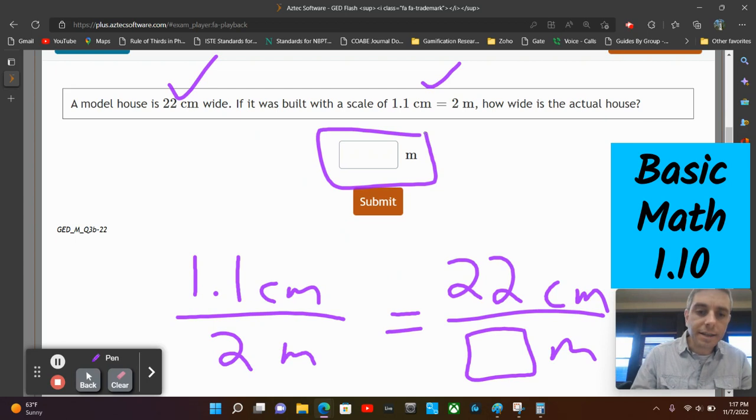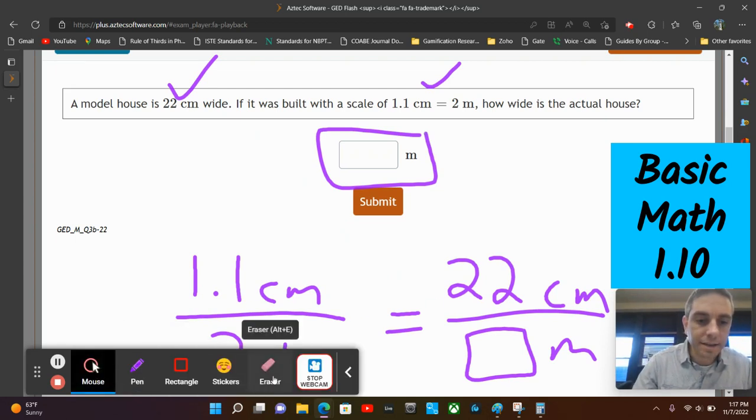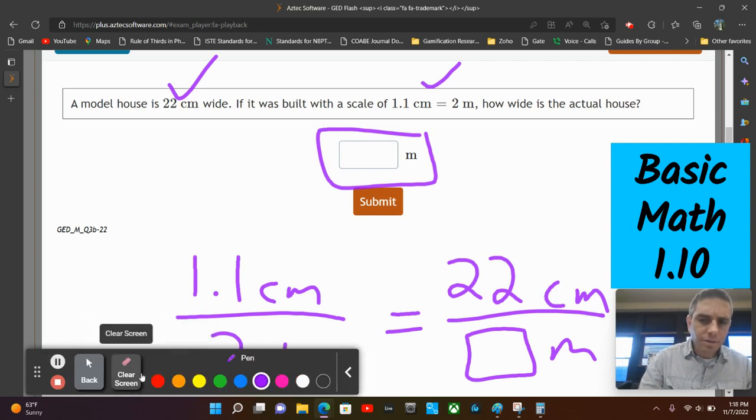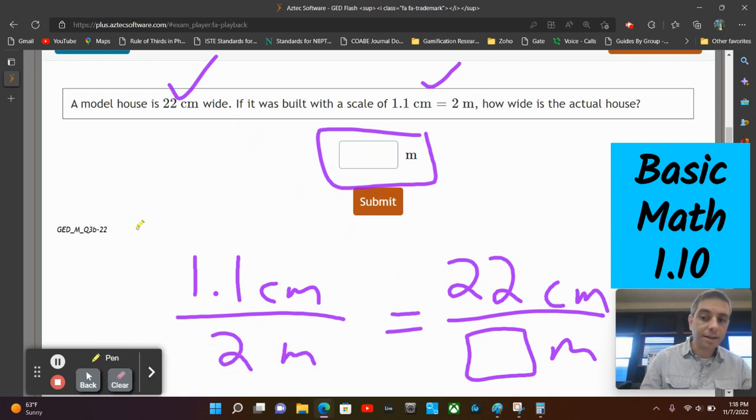But before I get to that, I want to take a moment at this point and give you a suggestion. When you're dealing with proportions or fractions in general, something you want to be mindful of is that fractions should never contain other fractions within them, and fractions should never contain decimals within them. In this case, we have a decimal on the top of a fraction.